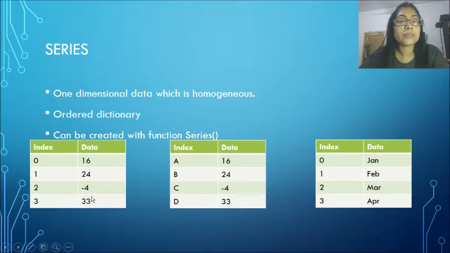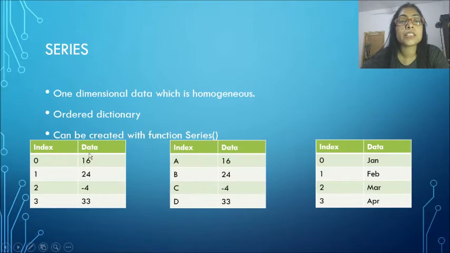This is the structure of a series. The first column will give you the index and the second column will give you the data part. Only this data part counts, because I have said that a series is a one-dimensional data structure, so it can hold only one column. I will not consider the index as a column.